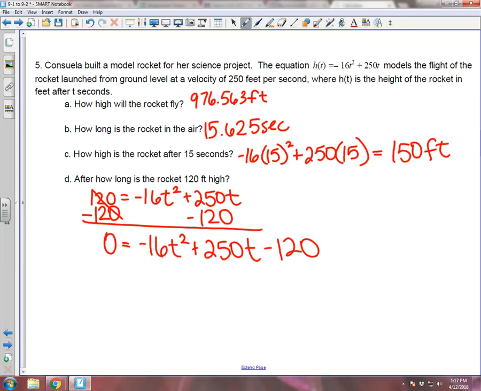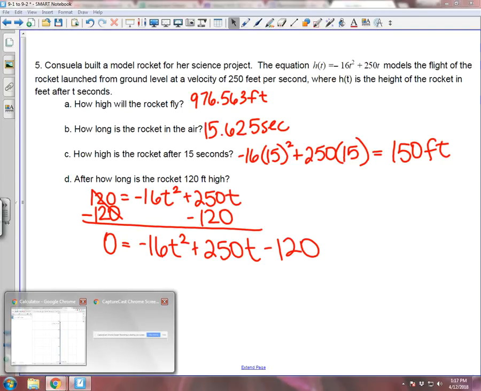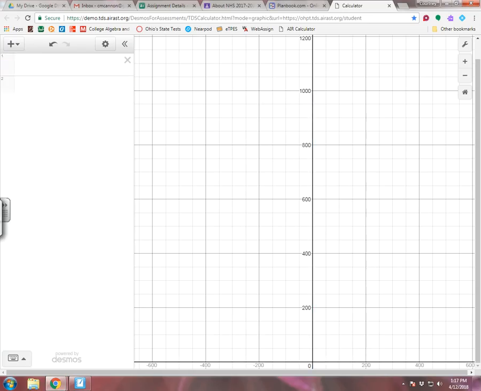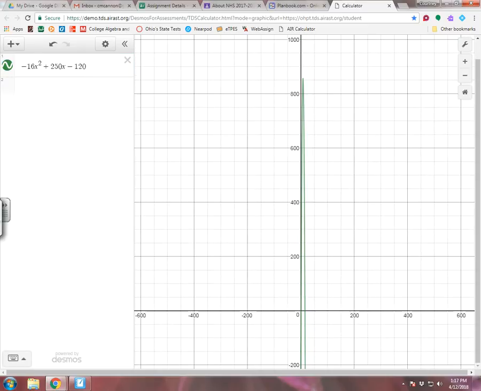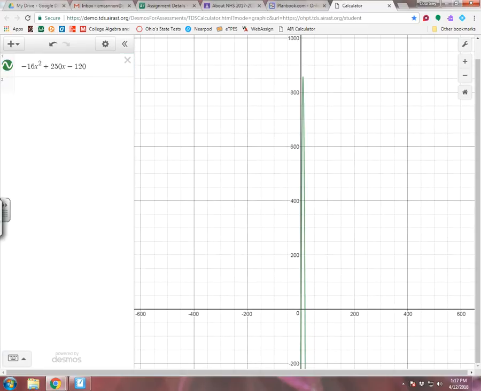Put it in Desmos. Now remember, folks, if you really felt good, you could factor this thing, right? I don't think we want to factor this. You can, and it will work, but it's going to take you a lot of work. Somebody read that off to me. Negative 16 t squared plus 250x, and then minus 120. How's it look, folks? Where do my answers happen?